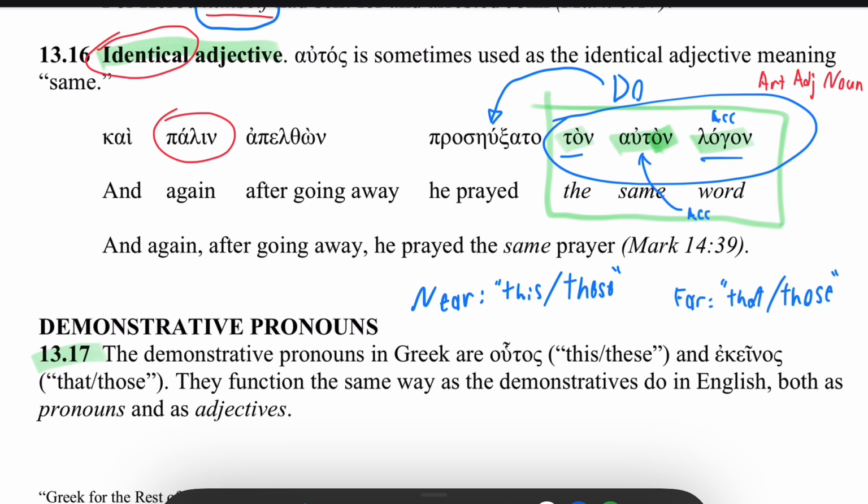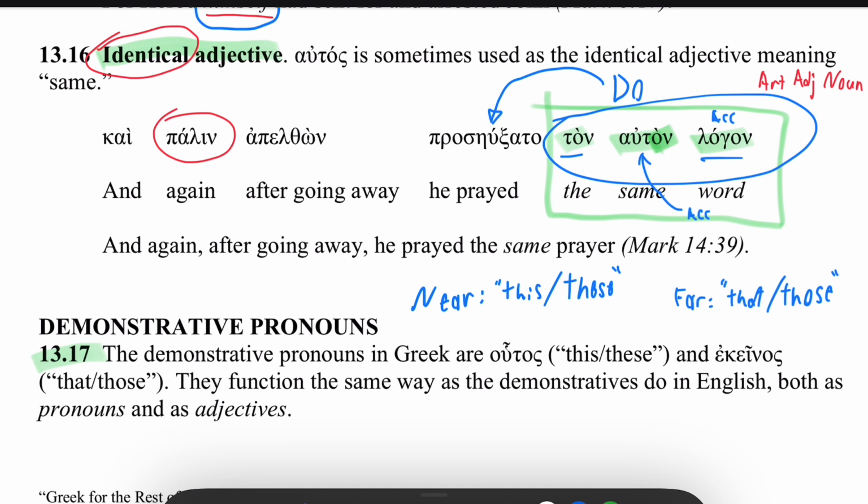If I say this or that, say I'm holding one pencil in my hand, and there's one pencil over on another desk, and I say this pencil and that pencil, even without seeing what's going on, you know that this pencil refers to the pencil in my hand, whereas that pencil refers to a pencil that's far away. So that's the idea of a demonstrative pronoun.